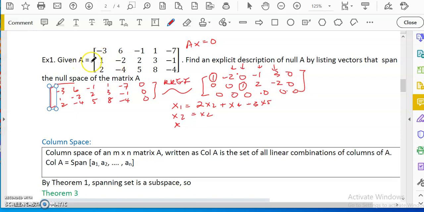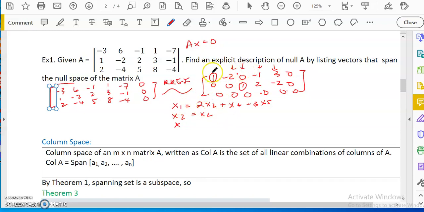I have A here, and I want to write Nul A, meaning the solution to Ax equals 0, or the set of vectors that the transformation T maps to 0. So we do the REF, and we have a reduced row echelon matrix like this, and then we try to write a solution.